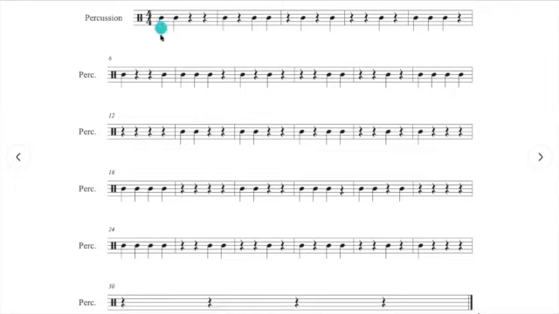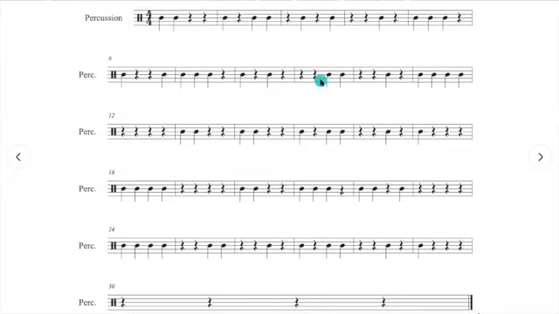So if we were going to play this first line, and I set the tempo, 1, 2, ready, clap, clap, rest, rest, clap, rest, clap, clap, rest, clap, rest, clap, rest, rest, clap, rest, clap, clap, clap, rest. So that is our first line.